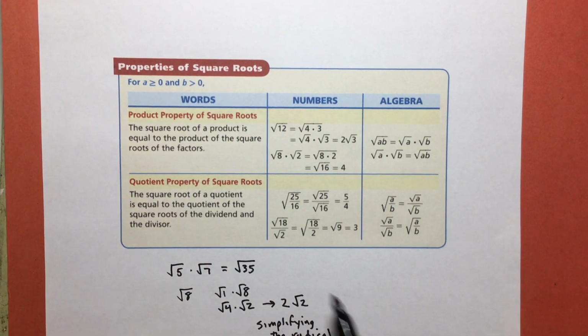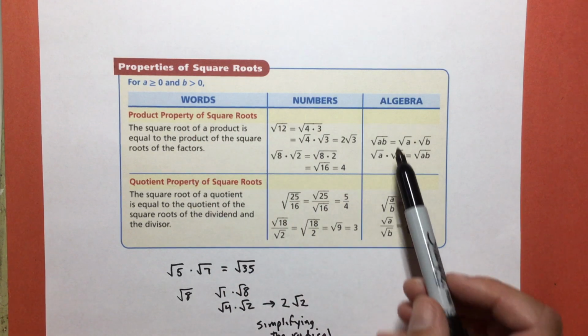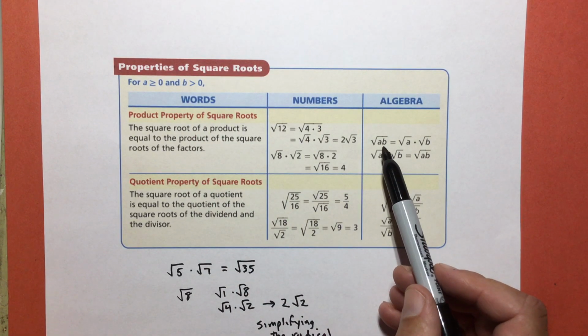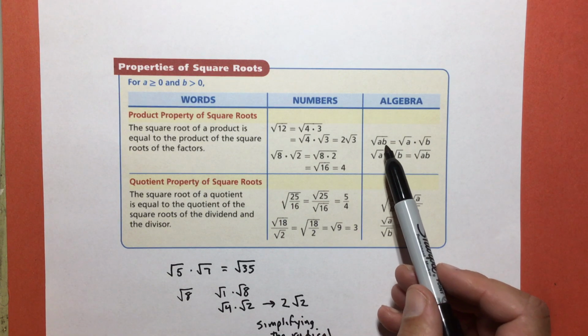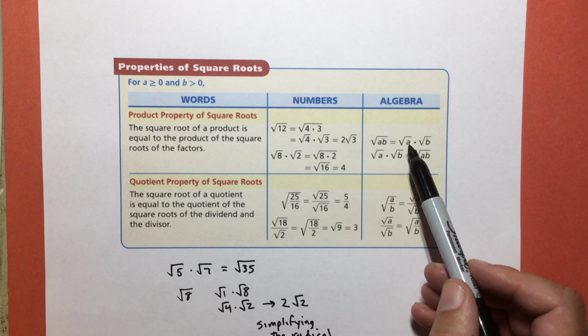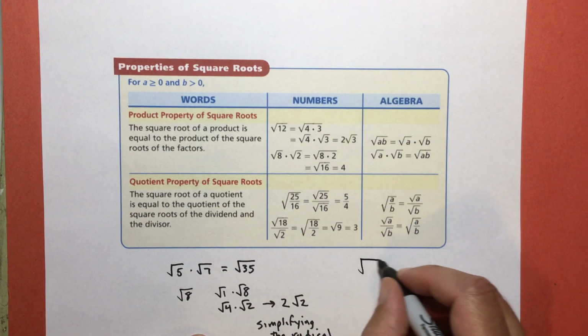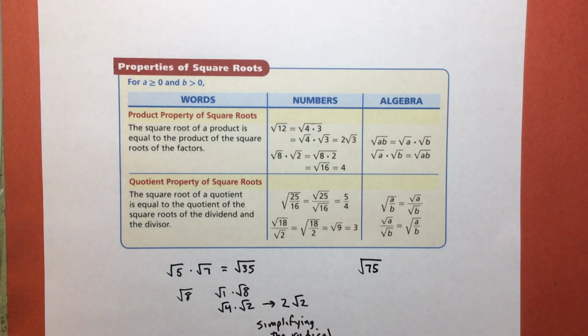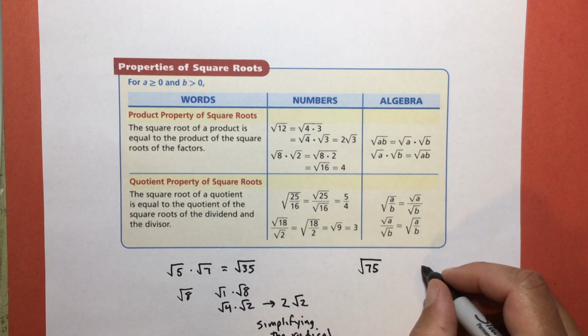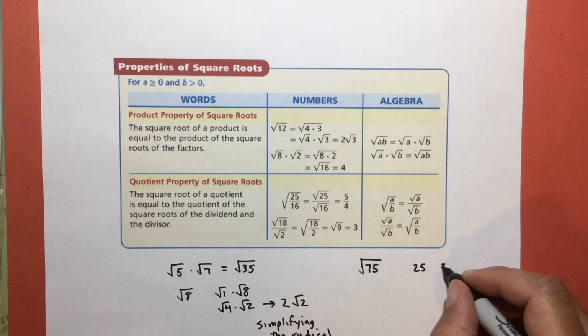So essentially, I'm using this product property to factor the number under the radical into a perfect square, and I'll take the square root of that, and then whatever's left. So for another example, maybe I have square root of 75. There's a couple things I can multiply to get 75: 1 times 75, 5 times 15. But the next one I would say is cool because it actually involves a perfect square. 75 is 25 times 3.